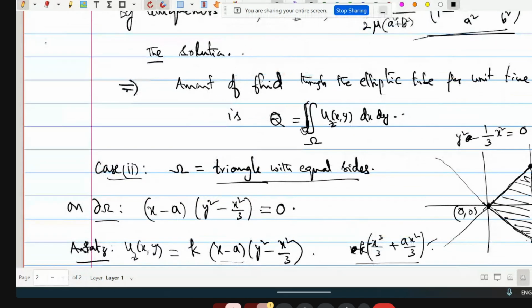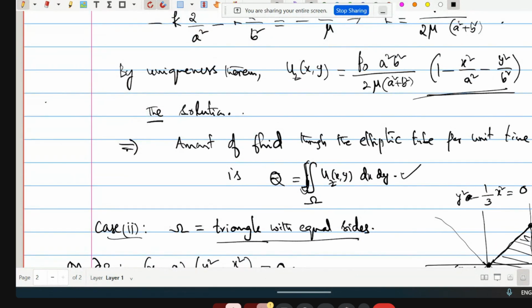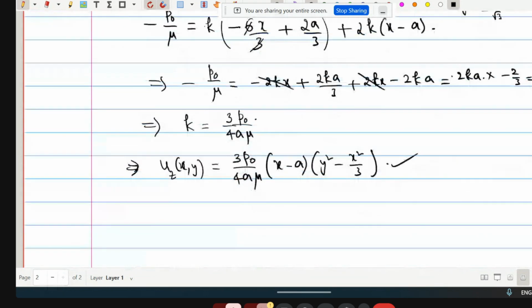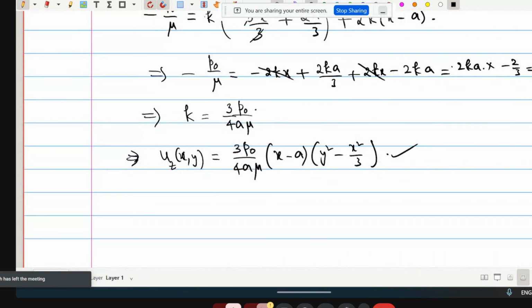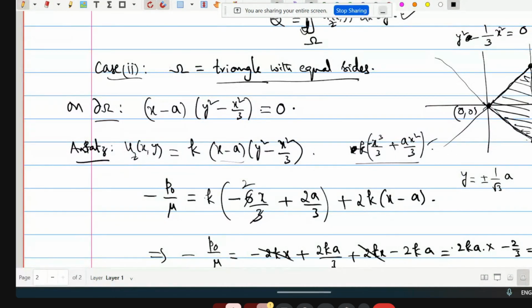So what is the next step? We can actually get the amount of fluid through this elliptic one. You calculate it similarly, we can just integrate. Sir, the boundary condition we will put on Ω, like the x range and y range, for calculating flux.